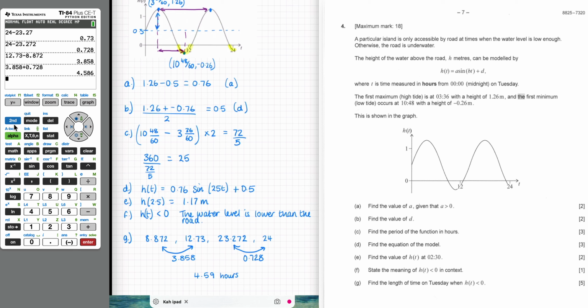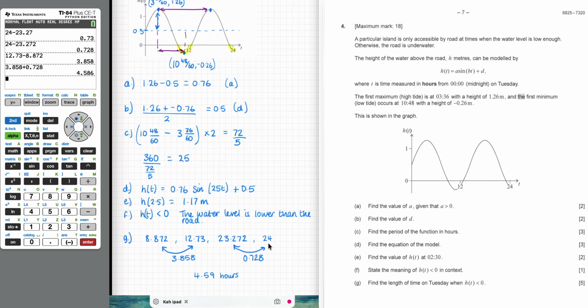Okay. Now, it doesn't ask us to leave it in minutes or anything, so 4.59 would be fine. If we wanted to change that to minutes, then we can, but we would need to change the 0.59 into minutes rather than hours. So 59 out of 60, for example. But we can leave it as just 4.59 hours.